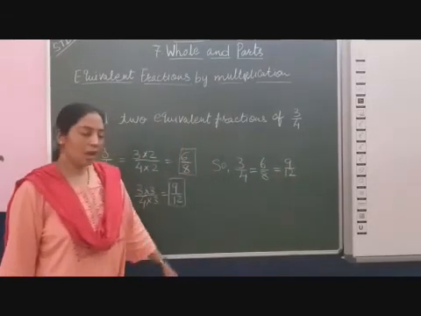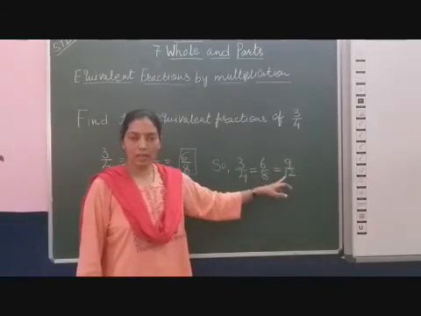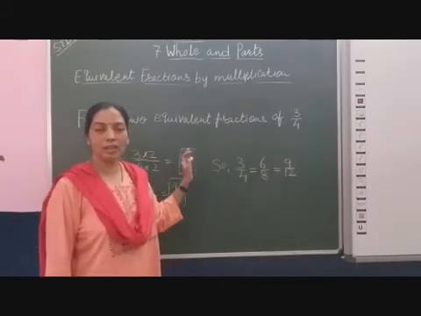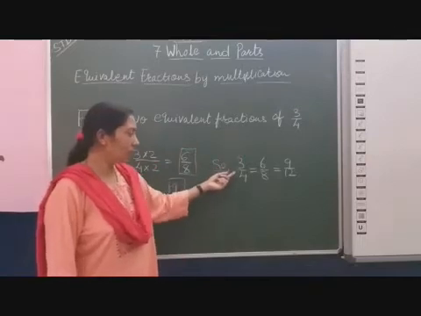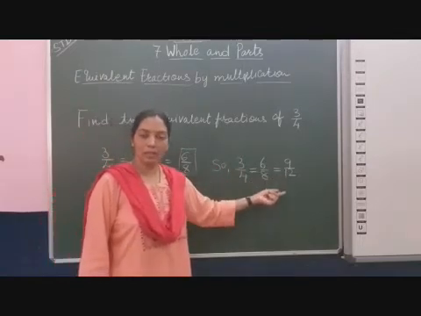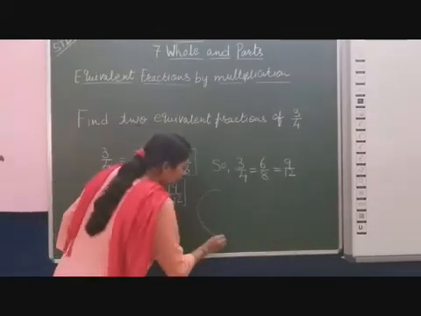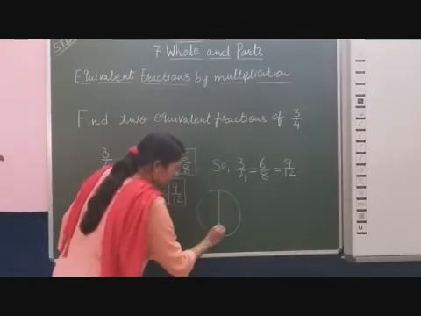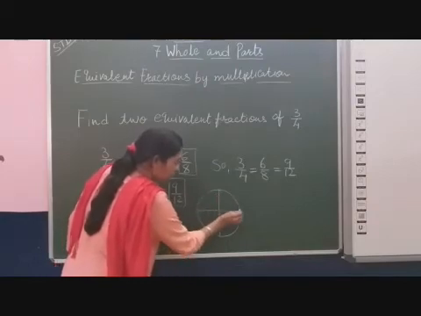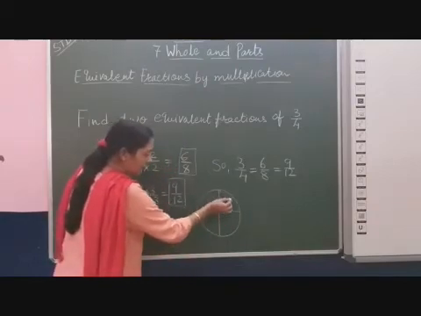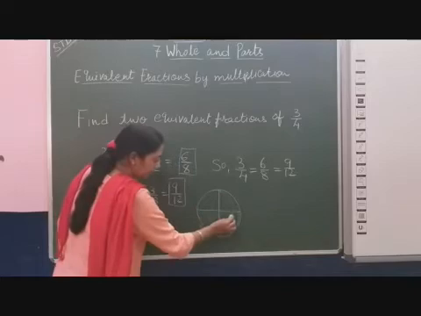So I put here the equal sign because we find here the equivalent fractions. 3 by 4, 6 by 8, 9 by 12. Say for example, here I make this circle, okay? This fourth portion. I take 3 portions of this.